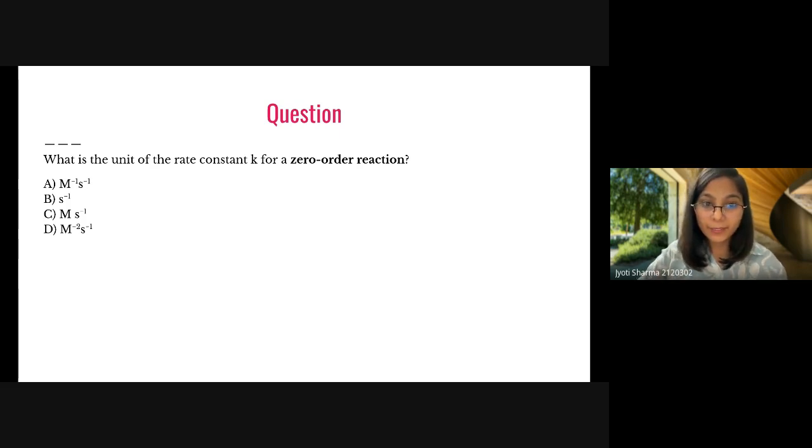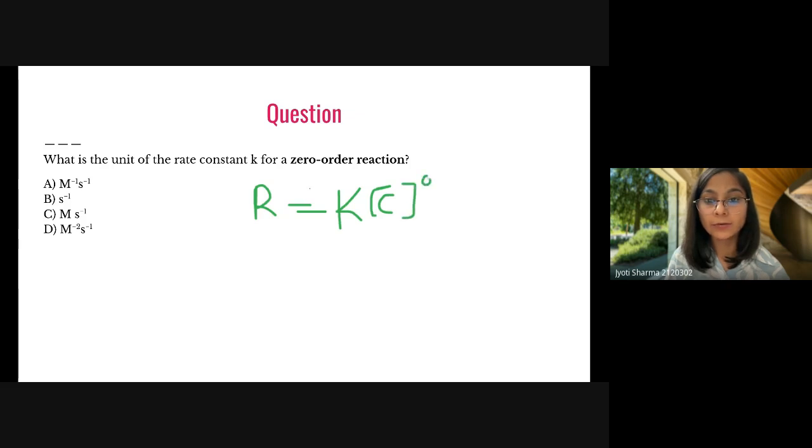This is very simple, and I will explain why. So again, I have this reaction. Rate of reaction is equal to your rate constant K, and then you have CA raised to the order, and here it is 0. Okay, we have learned this, right?